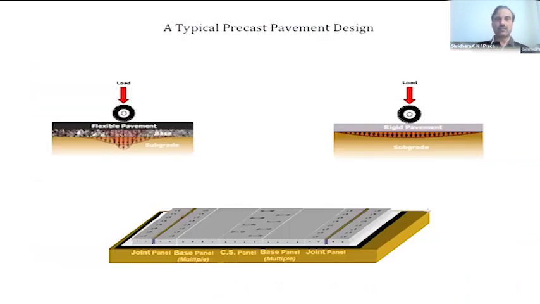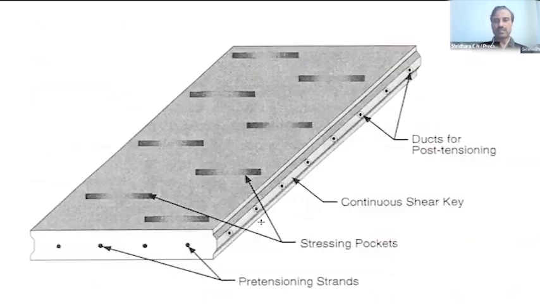Now some knowledge I will throw on how precast roads can be produced. These are all precast pavement designs. Usually pavements will be designed as flexible pavement and rigid pavement. Two types of designs will be there in the road. These are all individual slabs.